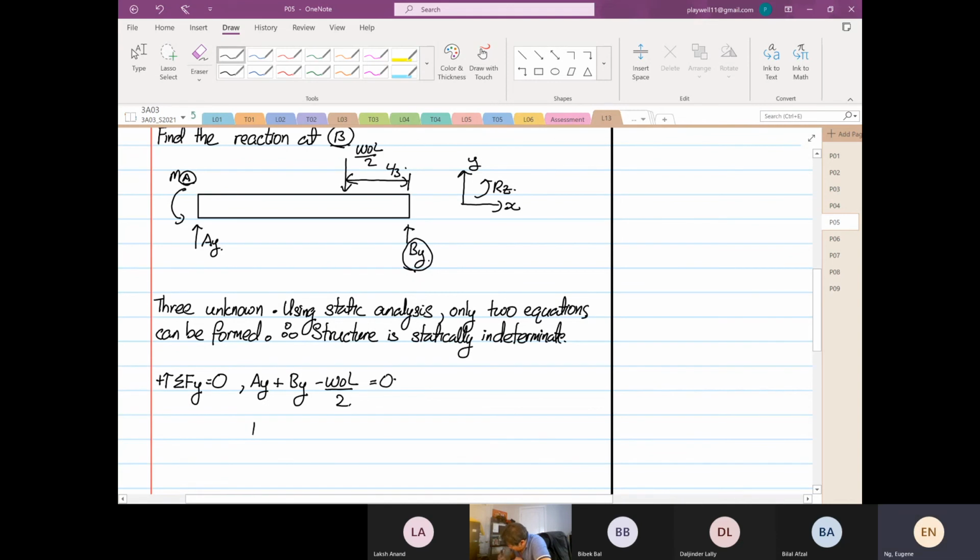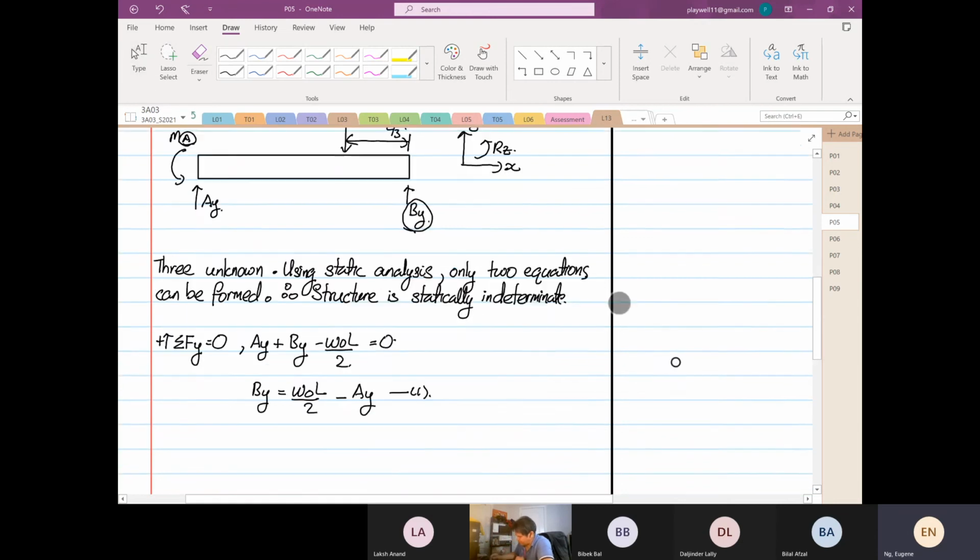So we know that BY, what we want to find out, is equal to omega naught L over 2 minus AY. Okay, so this is our equation number 1. Right? So one equation, two unknowns, we can't solve.